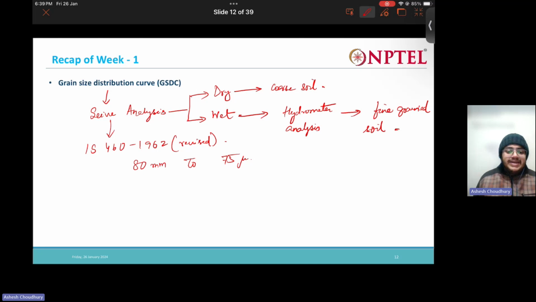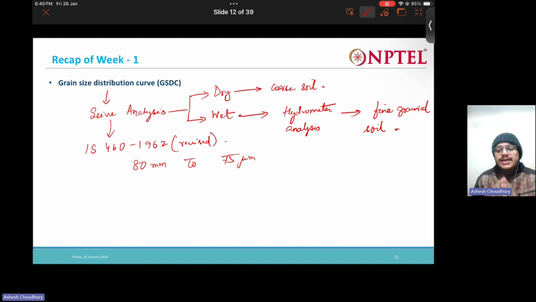One micron is nothing but 10 to the power minus 6 meters, that is, a micrometer. That's why sometimes you write the mu sign.